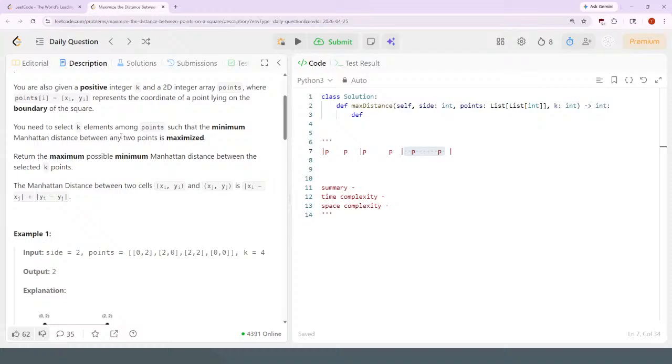Oof. I guess the three relevant points for an edge. Maybe I only need to store the left.